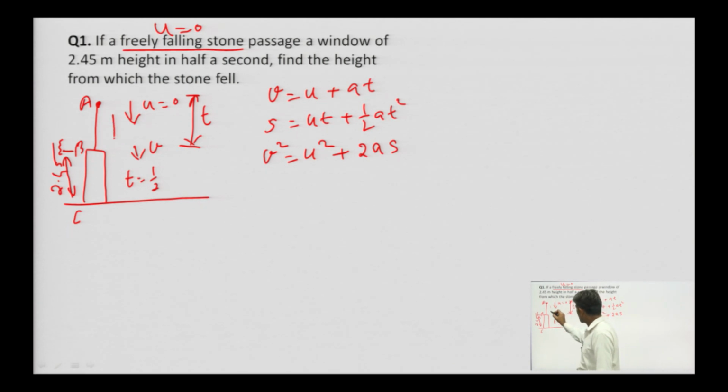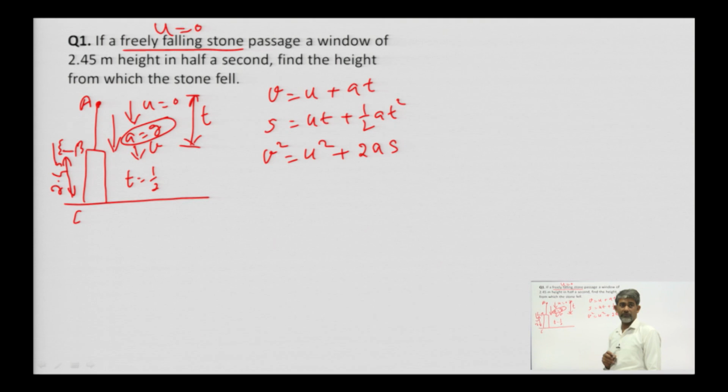Here a will be g, plus g, because the velocity is going to increase.